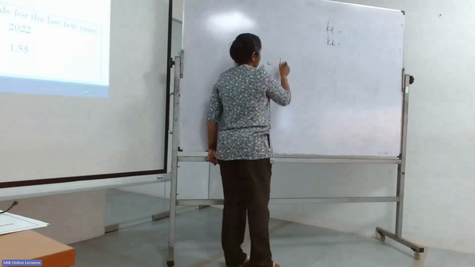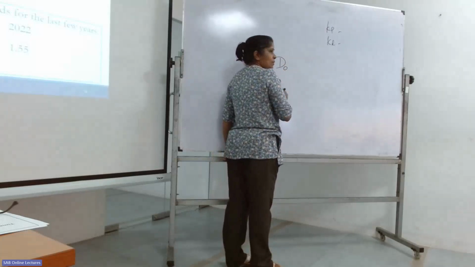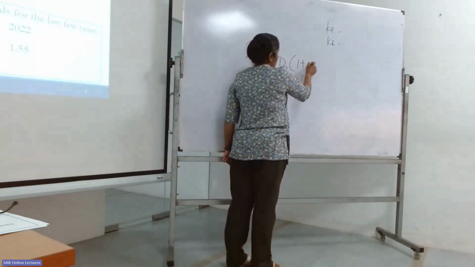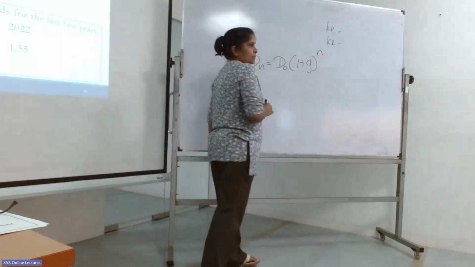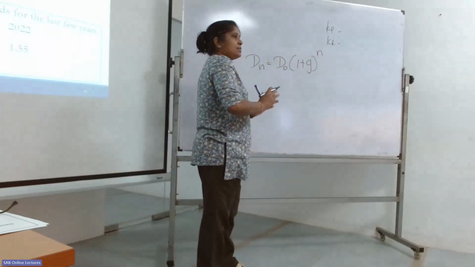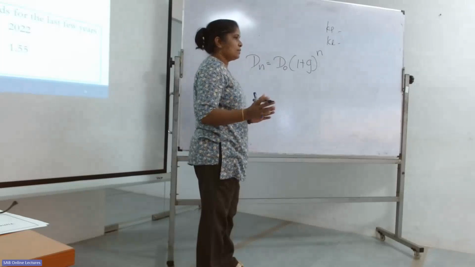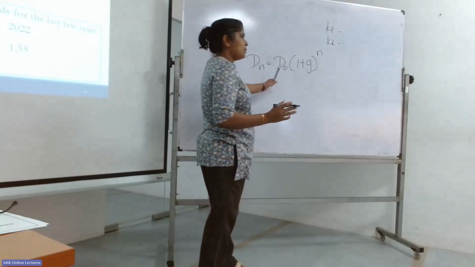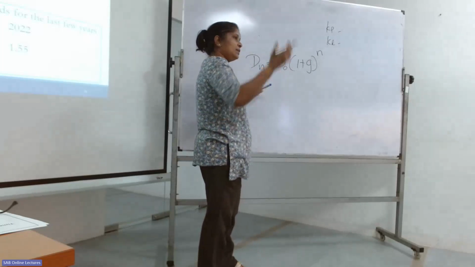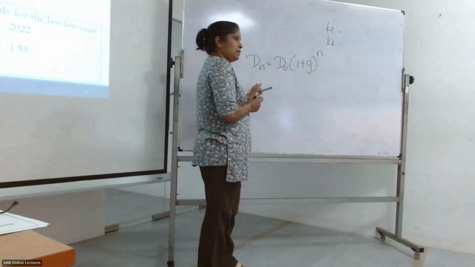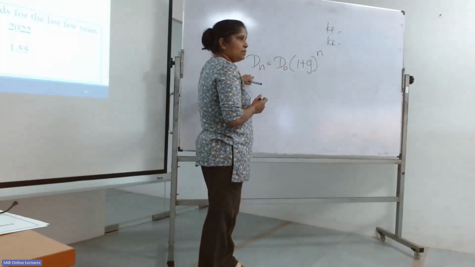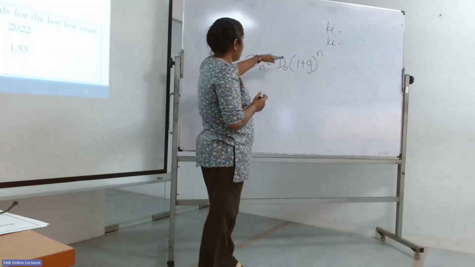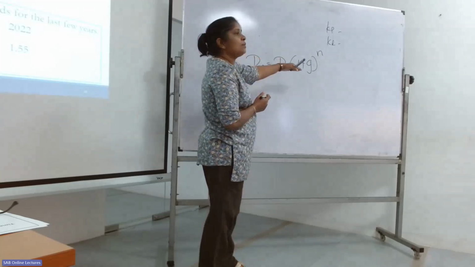So Dn is equal to D0 into (1 plus growth rate) to the power n. If dividends are growing at a constant growth rate, you can forecast any dividend in the future period. Based on this formula, you can rearrange it for the growth rate.